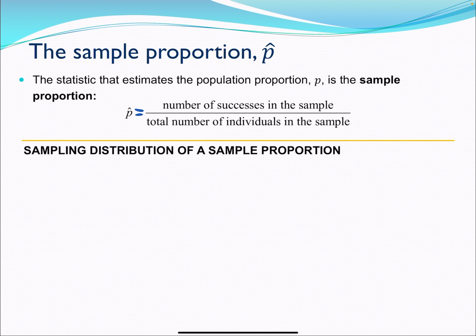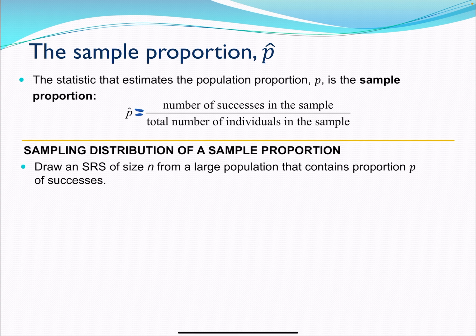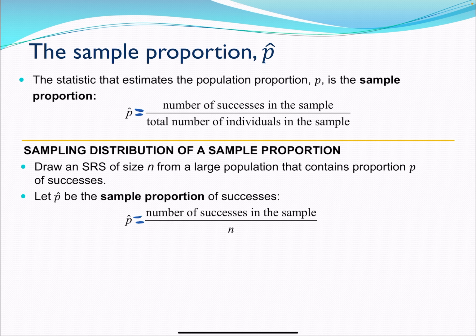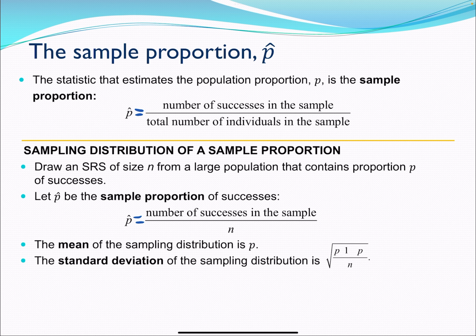To conduct a sampling distribution with sample proportion, you have to draw a simple random sample of size n from a large population. You let p hat be the number of successes in that sample out of our sample size. The mean of the sampling distribution of proportions is p, our population proportion. And the standard deviation formula is a little bit different, so pay attention.